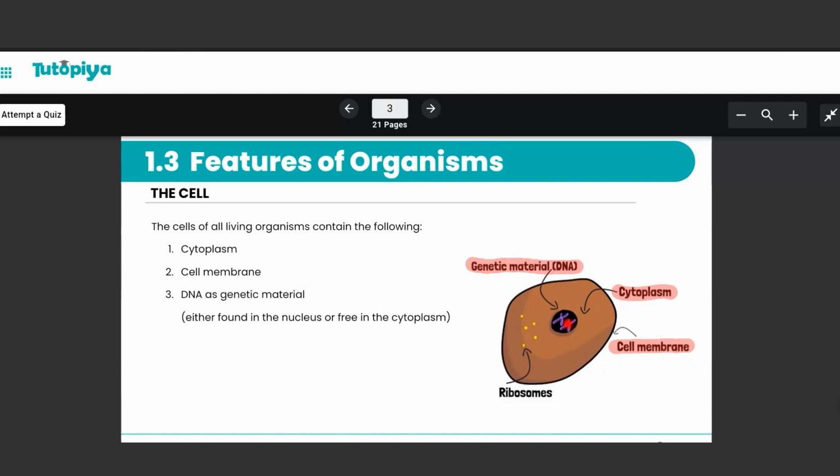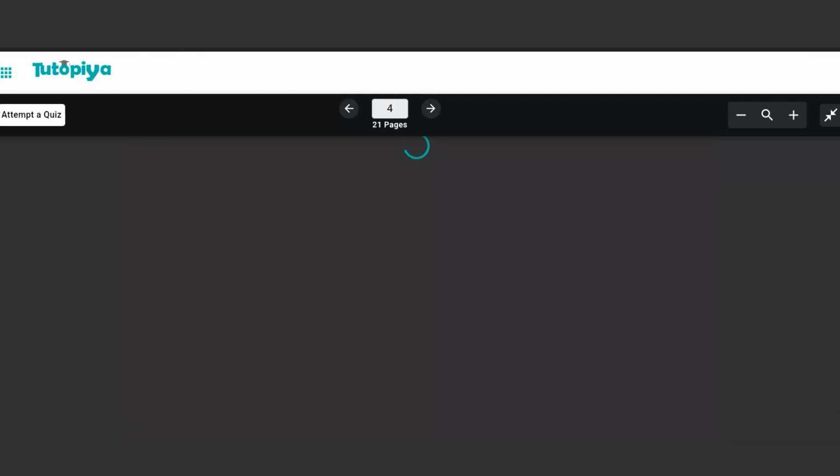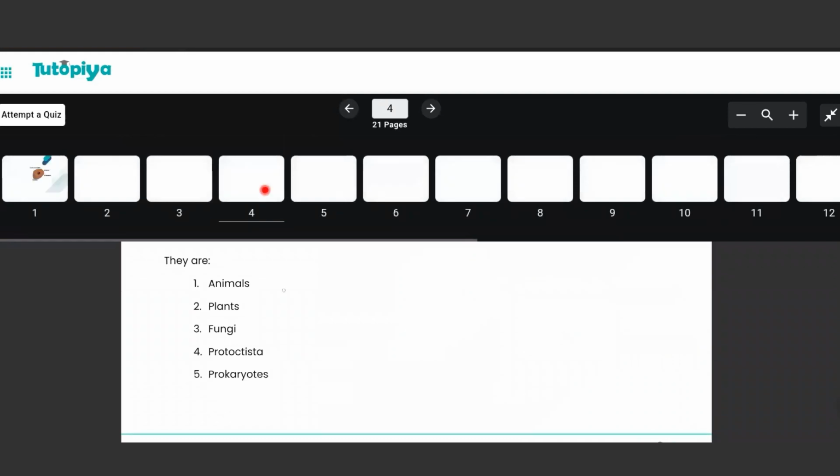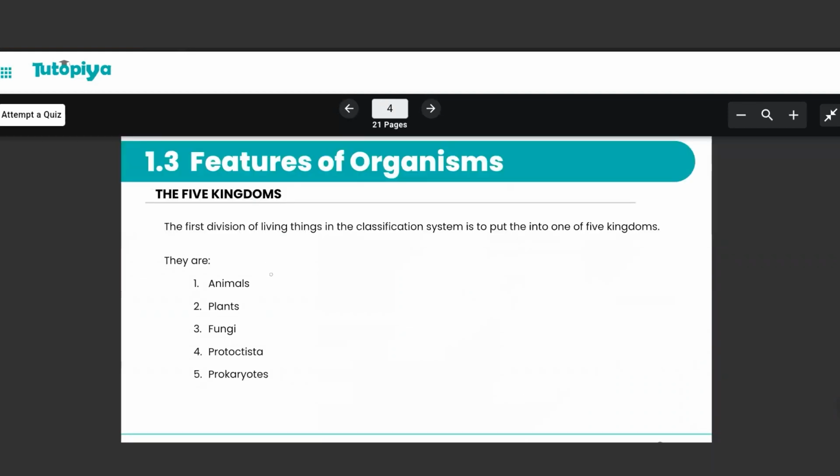So now that we've got a basic understanding about the cell, let's start with our five kingdoms. We've learned that according to the Linnaean system of classification, the organisms are first placed into five kingdoms. Here are the five kingdoms: animals, plants, fungi, protoctista, and prokaryotes.